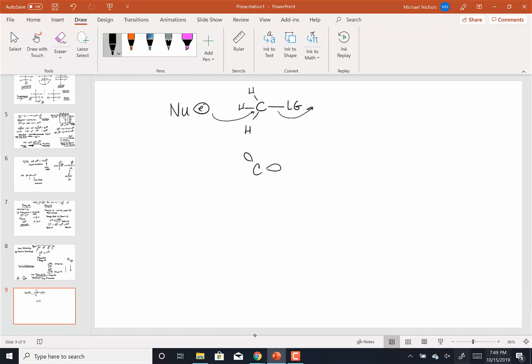And so the orbital picture is going to look like this, where here's my leaving group, and the leaving group orbitals are going to overlap, and then of course we have my hydrogens here. And this is always going to be an sp3 hybridized carbon.